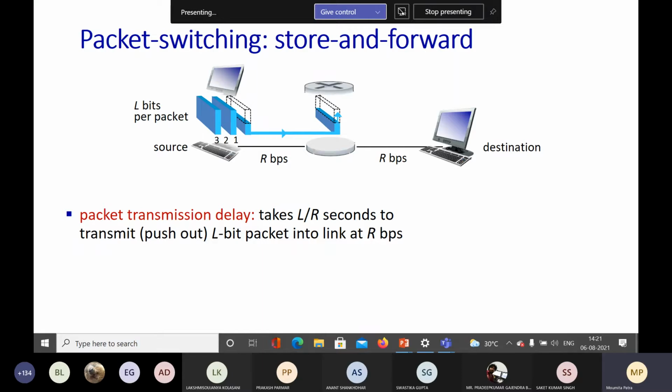Until this time, all the data which is already received has to wait until all the L bits have reached this particular router. That is known as store and forward. This is a very prominent feature of packet switching. If anybody asks you what store and forward is, a good quality of packet switching, then that is store and forwarding.